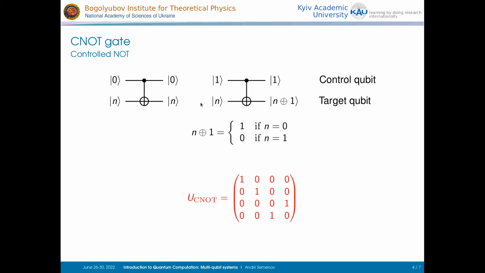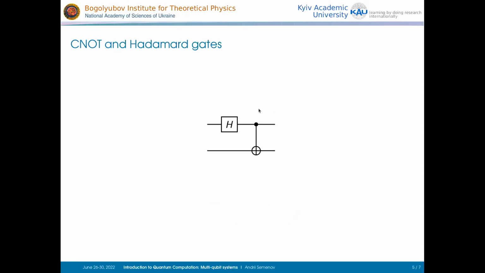This is very clear because the NOT gate is exactly making this: from n it makes n plus 1. Okay, now we consider that we have, for example, such a simple scheme. First, we have a Hadamard gate on the first qubit. And this already makes a superposition. And after that, we have a CNOT gate.